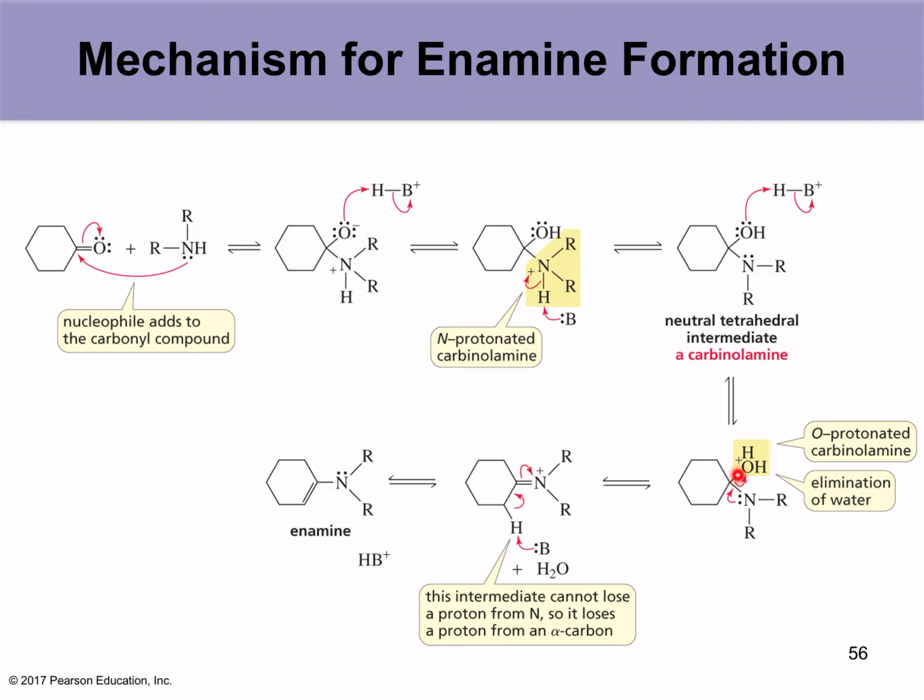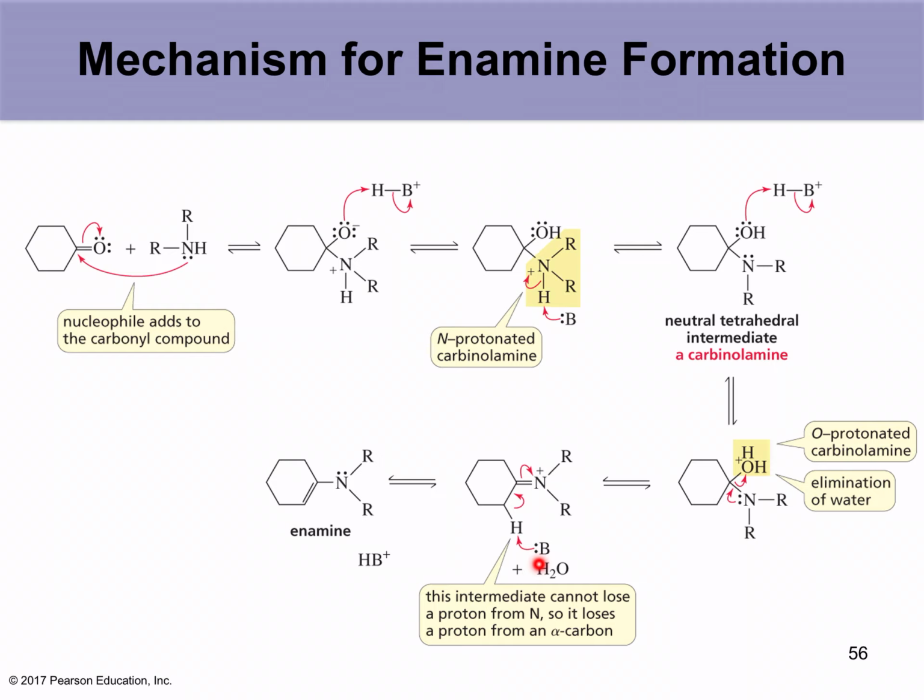So now elimination of a water molecule takes place. Okay, so you have a double bond. So the nitrogen with the two alkyl groups and a double bond, nitrogen has 4 bonds, so it should be positive 1. Now the neutral molecule would be the most stable. So how can it become neutral? And there are hydrogens on the neighboring carbon.